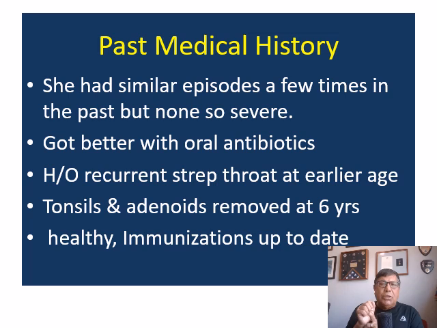Because of the suspicion of recurrent sore throat at an earlier age, a tonsillectomy and adenoidectomy was done at the age of 6 years. She has otherwise been healthy, growth and development have been age appropriate, and her immunizations are up to date.